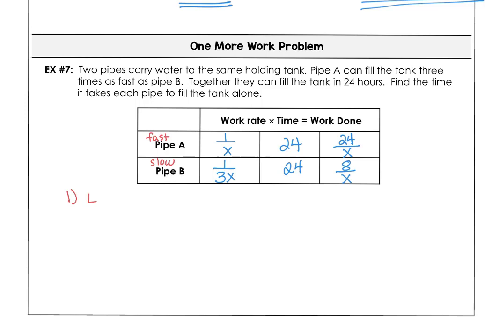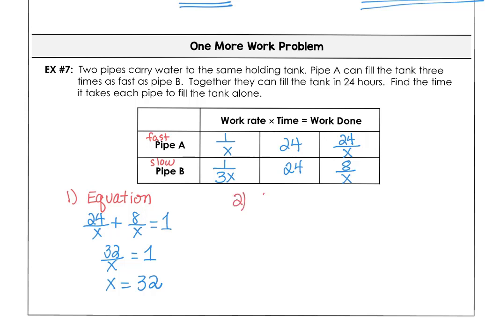The equation we need to do the whole job is pipe A and pipe B gives me the whole job. So 32 over x is the entire job. X is 32 hours.